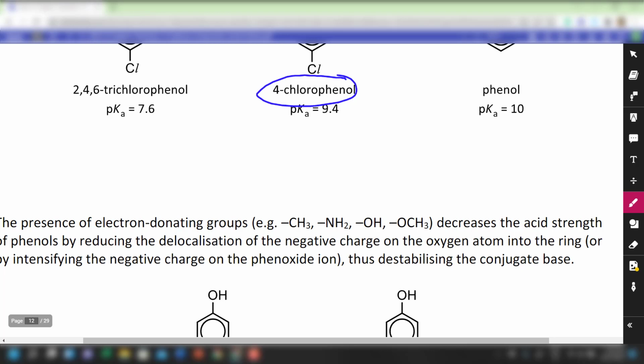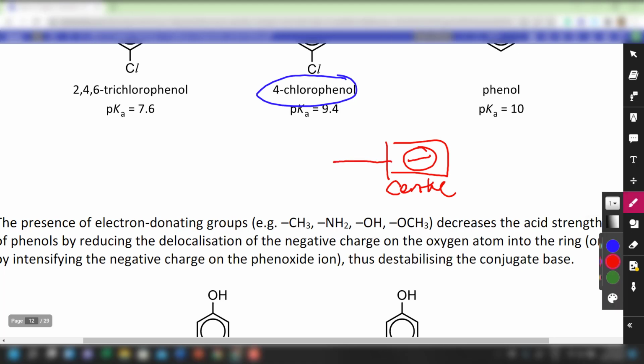So for example, if my center here, I just call it a center, is negatively charged or has a lot of electron density, and it is bonded to, say, an electron donating group, then it will make the negatively charged center more negative. Correct? So therefore, you can conclude that the donating group will decrease the stability of the species.